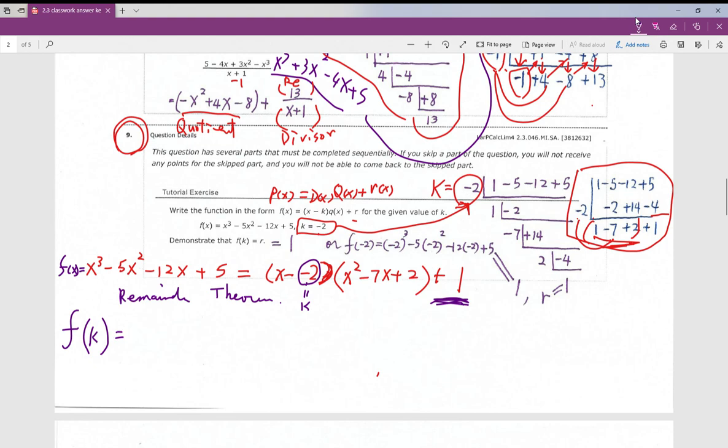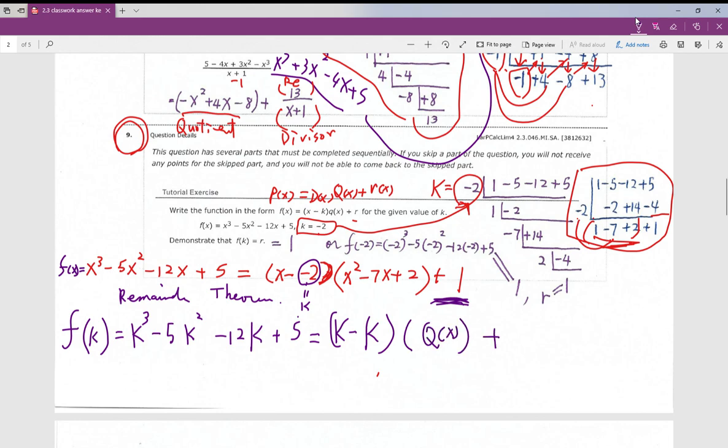So you are going to have k cubed minus 5k squared take away 12k plus 5. By doing this, you are going to have k minus k times whatever the quotient, and plus this remainder.